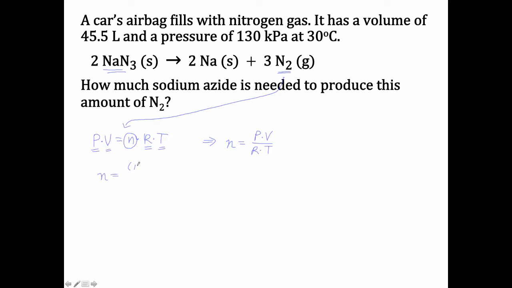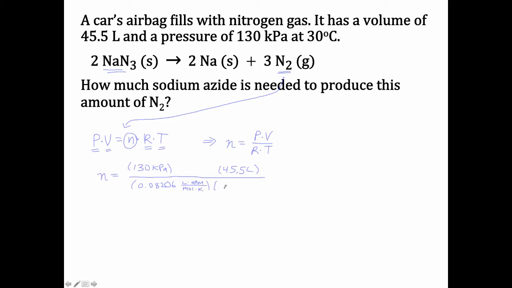The pressure is 130 kilopascals. The volume is 45.5 liters. The ideal gas constant is 0.08206, and the units for this are liter atmospheres per mole Kelvin.